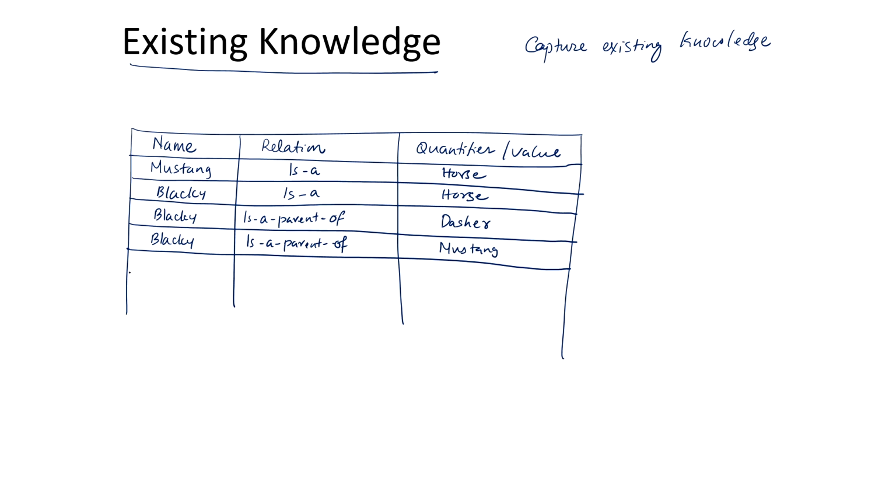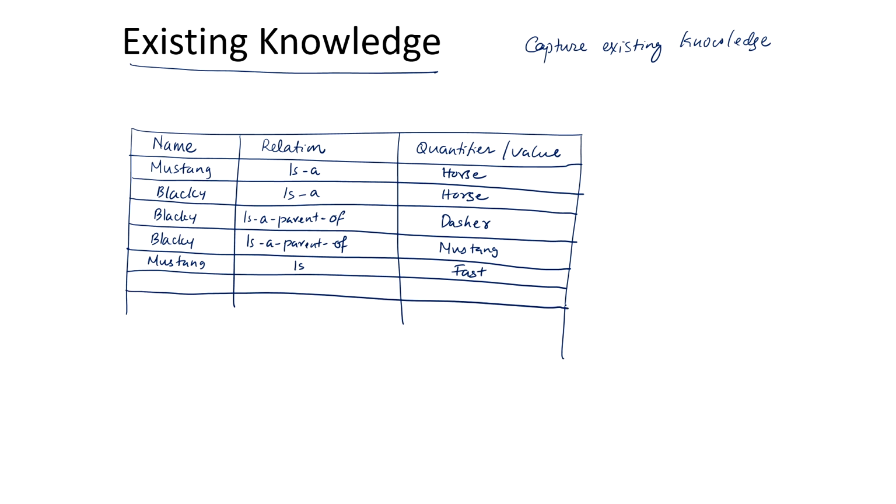Then we also say Mustang is fast. It's a fast horse. I'm doing it in tabular form so that it's easy for you to understand. Then Dasher is a parent of Fasty. My horse names are horrible, you have to understand that. Fasty is fast.